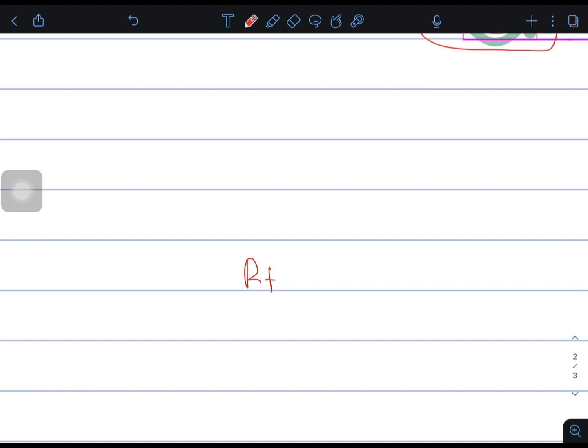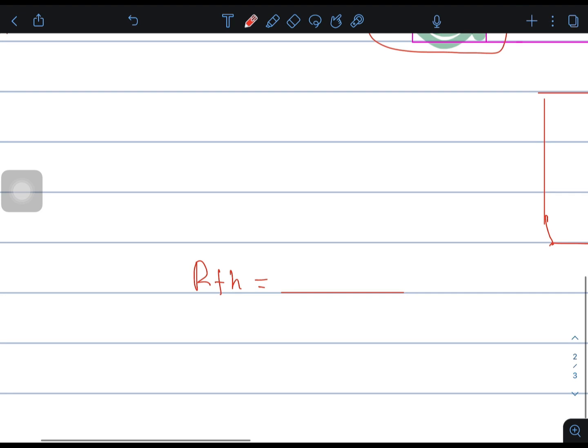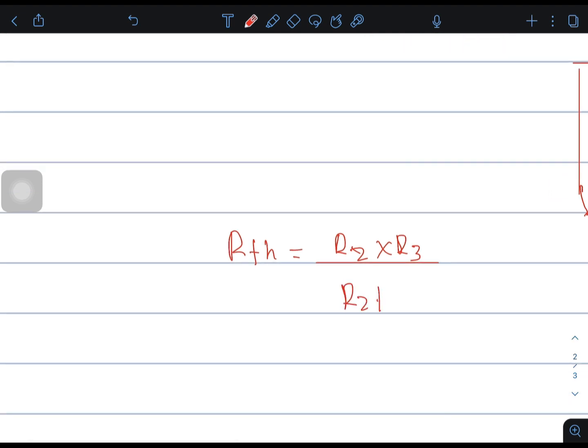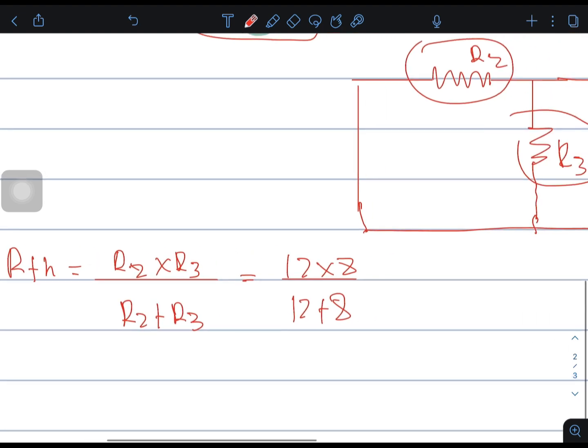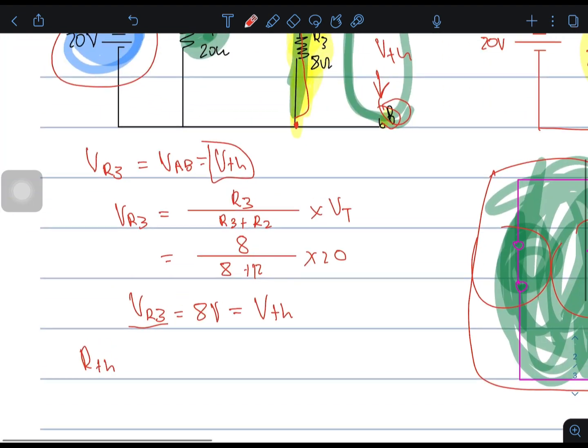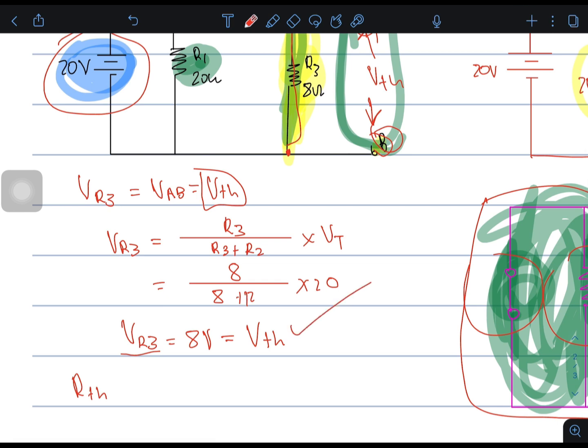So R Thevenin is equal to R2 times R3 over R2 plus R3, where R2 is 12 times 8 over 12 plus 8, product over sum rule, which gives us a Thevenin resistance of 4.8 ohms.